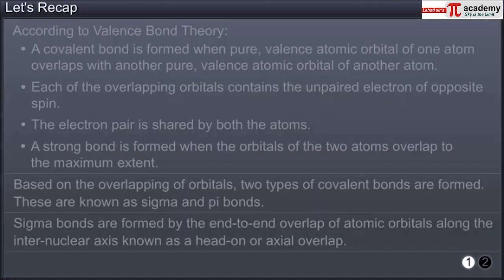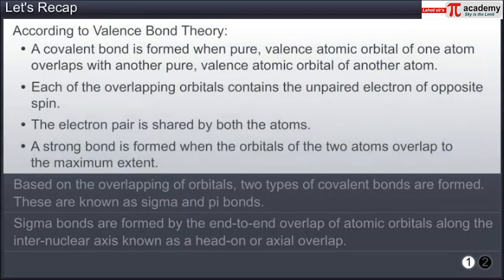You have now reached the end of this module. In this module, you learned that, according to valence bond theory, a covalent bond is formed when a pure valence atomic orbital of one atom overlaps with another pure valence atomic orbital of another atom.